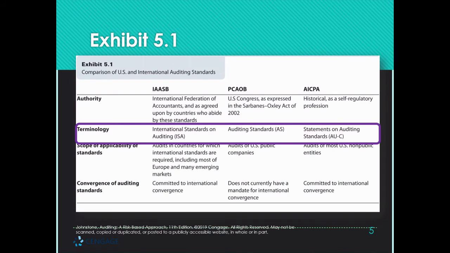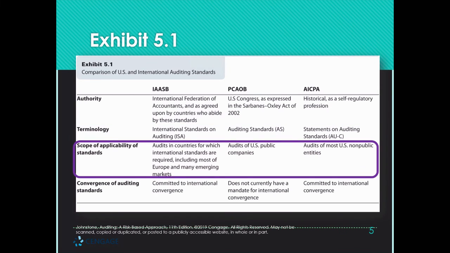Terminology: International Standards on Auditing are used for the IAASB, PCAOB uses Auditing Standards, and the AICPA uses the AU-C, which the -C usually means it's trying to be in conformity with some of the PCAOB standards and the IAASB standards.